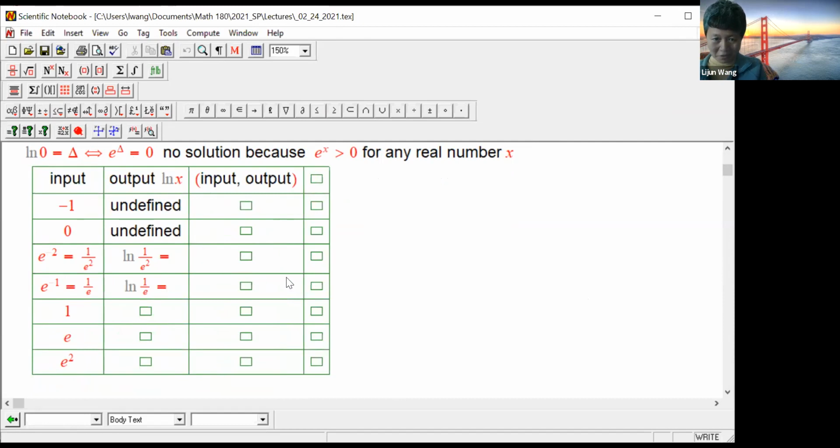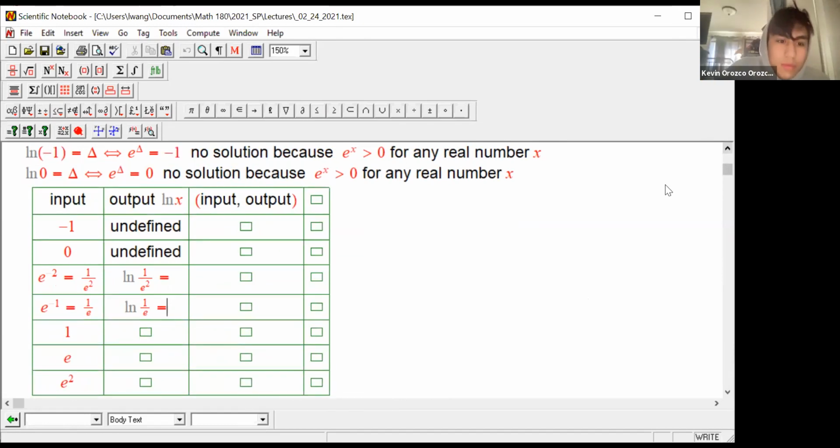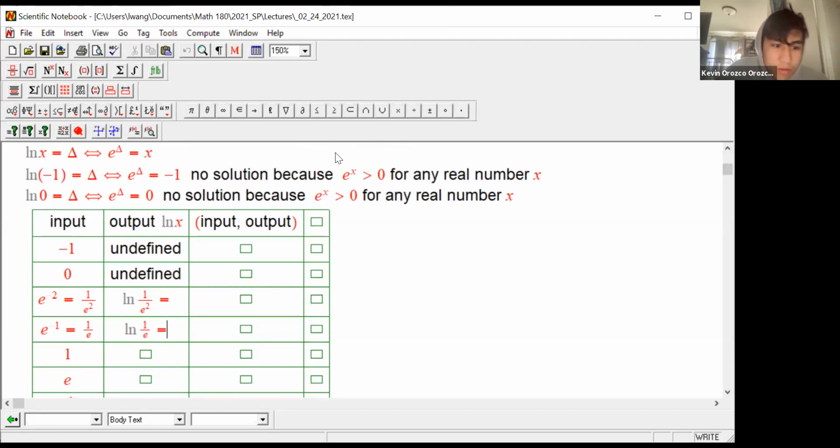Yesterday we got some answers. But if you still haven't got those answers, do you want them? The first one, e negative squared is 1. It's going to be -2. Good, very good. You're absolutely right.